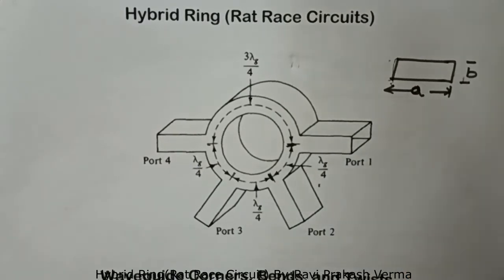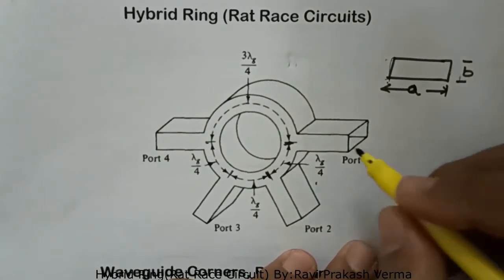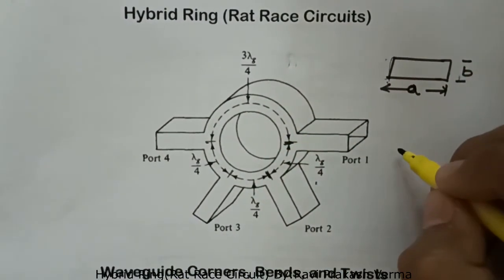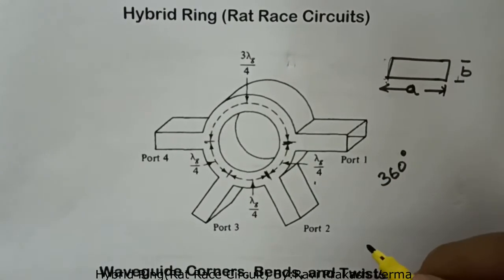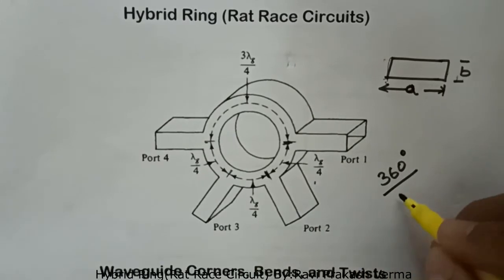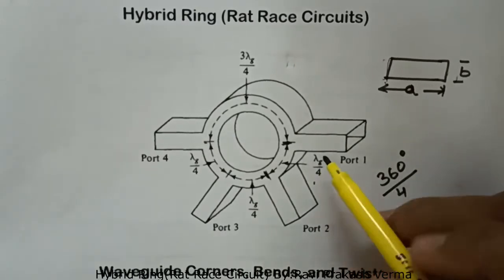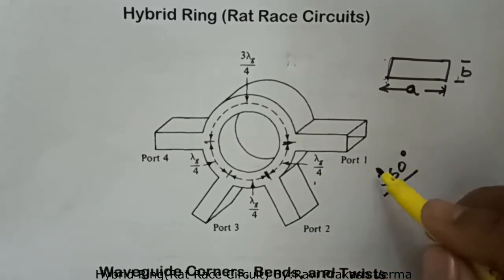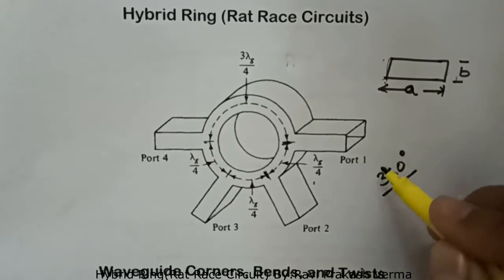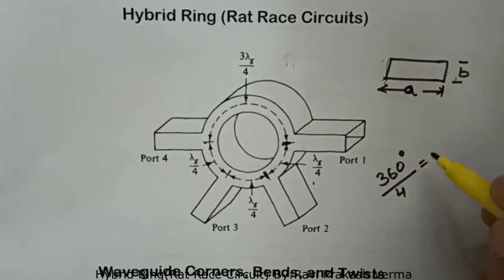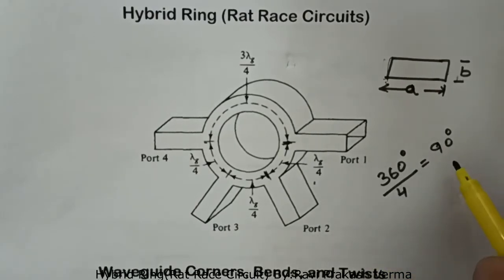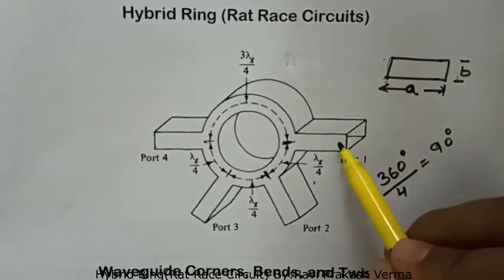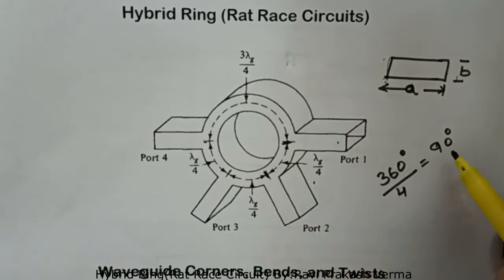If the total signal has a phase shift of 360 degrees, dividing it by 4 gives lambda G by 4, which represents 90 degrees. That means the phase difference between port 1 and port 2 is 90 degrees.